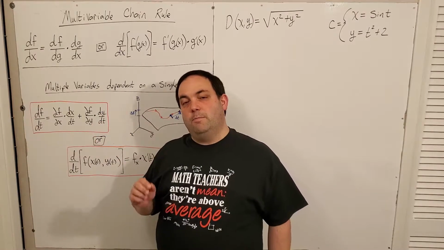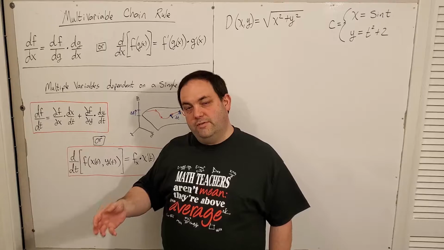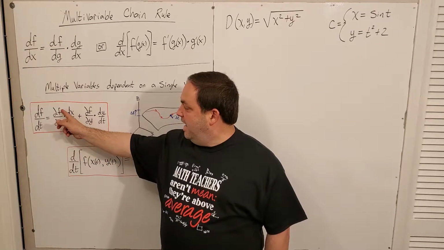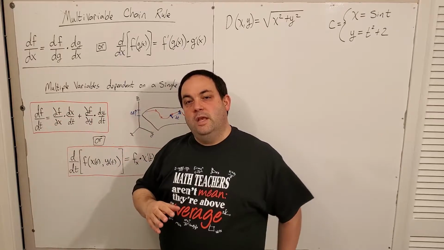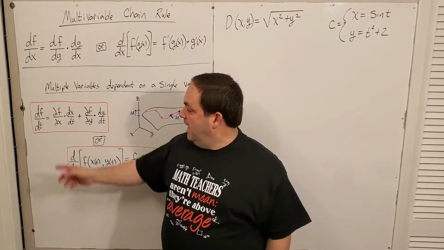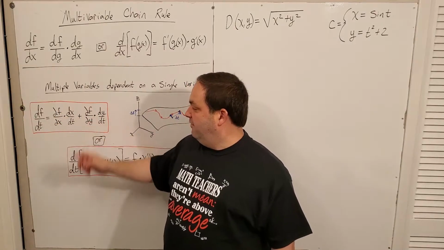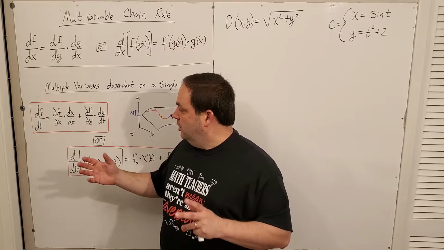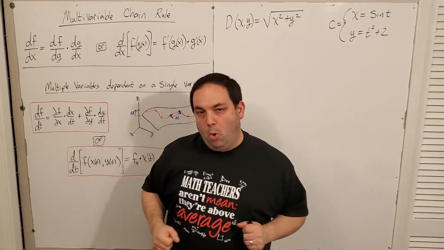Do you notice that there's a mixture of partial derivatives with normal derivatives in there? And that's because f is going to be some function that is dependent on multiple variables, and it's basically doing the partials with x and y, to give each one its own portion.